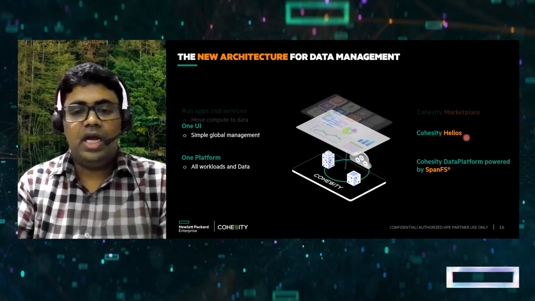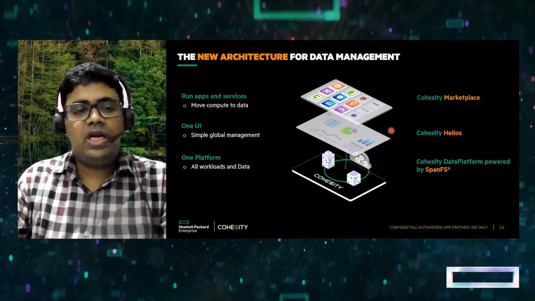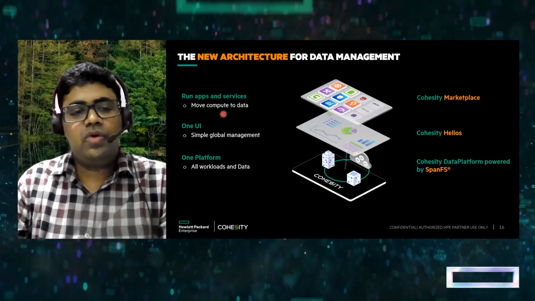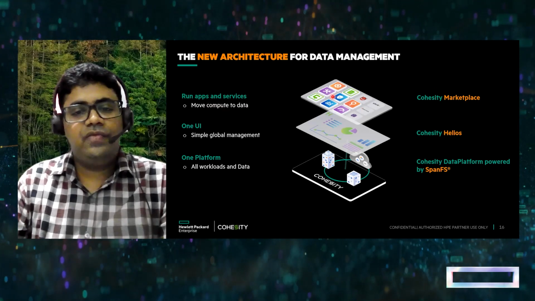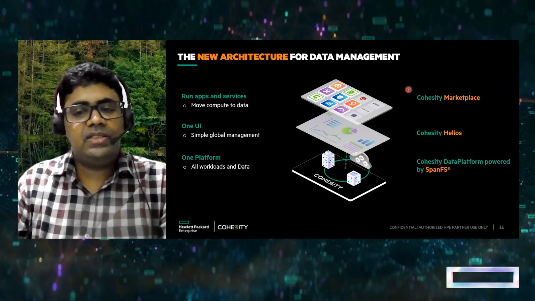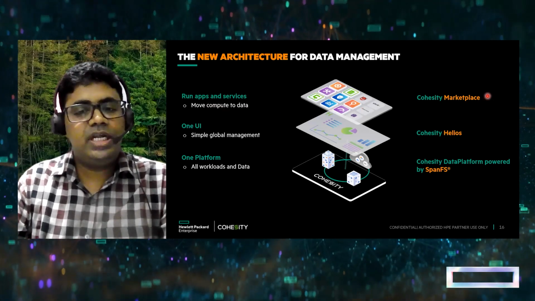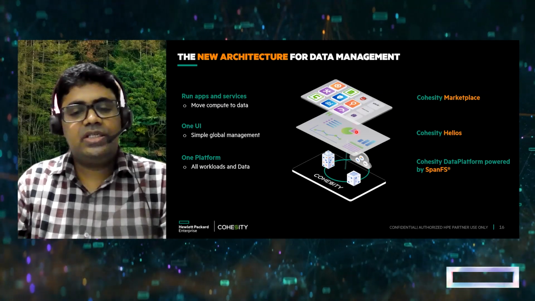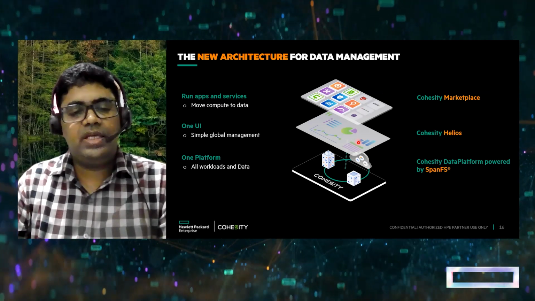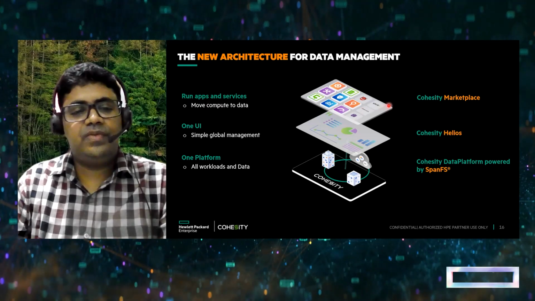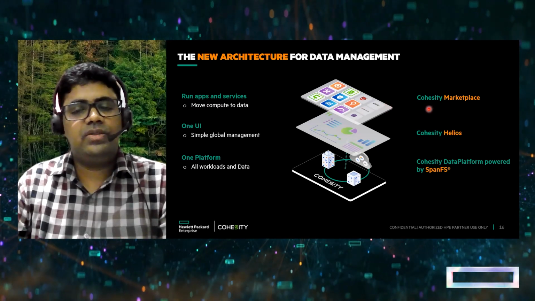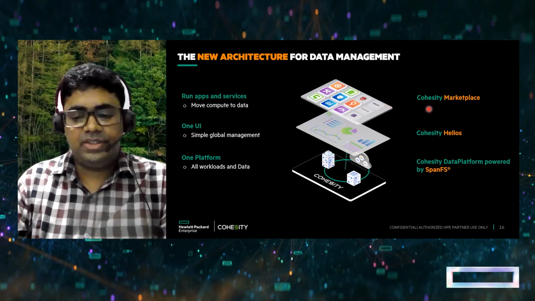Another thing is you can run applications and services, move compute to data, and if you need any additional applications, we can simply download them from the Cohesity marketplace. This is almost similar to a Google-like search, and you can search for the specific application and install it using the Cohesity marketplace.